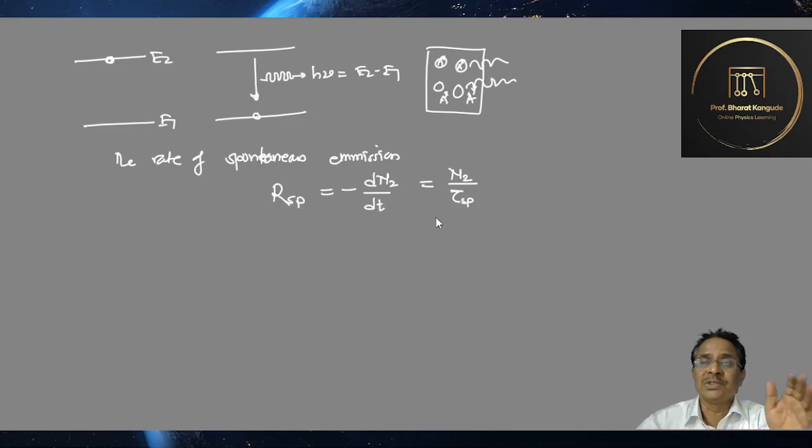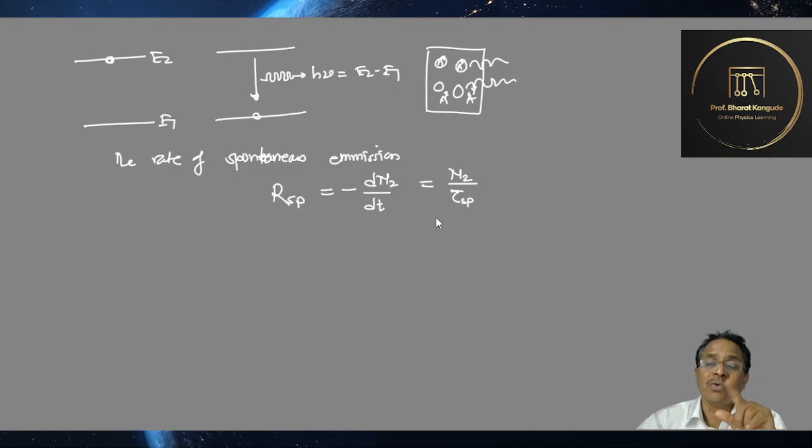So all the atoms in the excited state are going to go into the ground or lower state very quickly. If tau SP is larger, the rate will be affected by that, and therefore I have written RSP is equal to N2 upon tau SP. This time comes in the denominator because it decides the rate. If tau SP is bigger, a large time that the atom spends in the excited state, then RSP will be smaller.